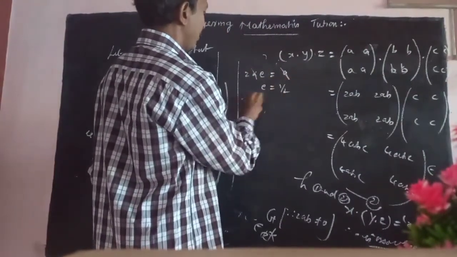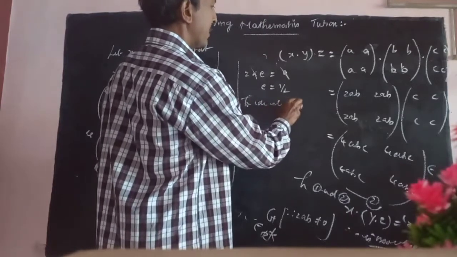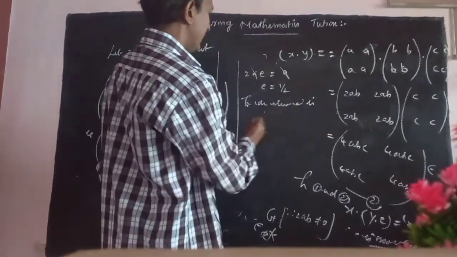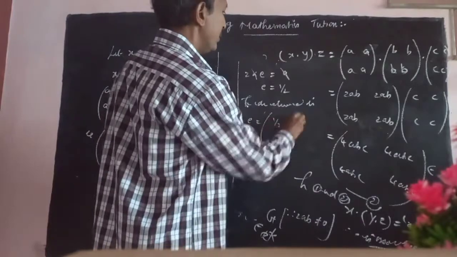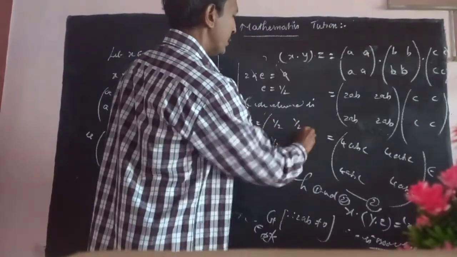Therefore the identity element is equal to the matrix with every entry 1 by 2.